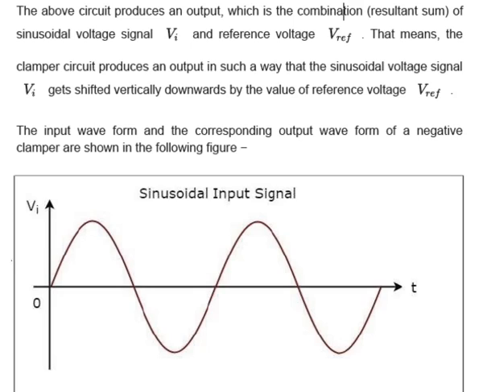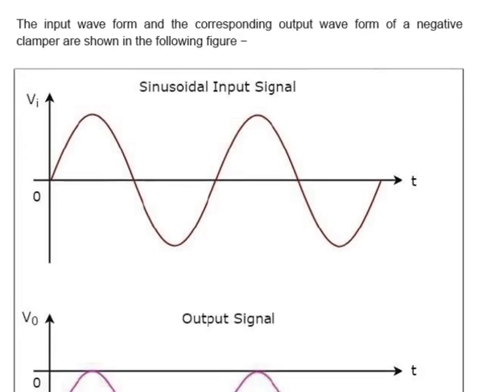So, the above circuit produces an output which is the resultant sum of the sinusoidal voltage Vi and the reference voltage V reference. That means the clamper circuit produces an output in such a way that the sinusoidal voltage signal Vi gets shifted vertically downward by the value of the reference voltage V reference.